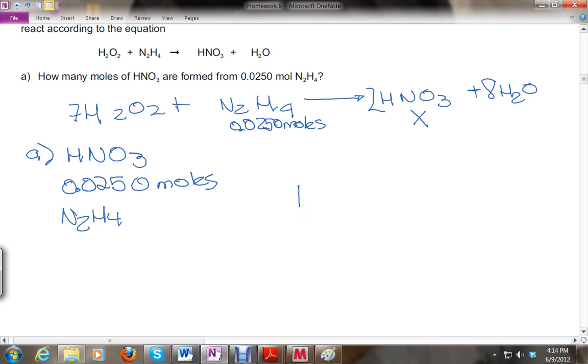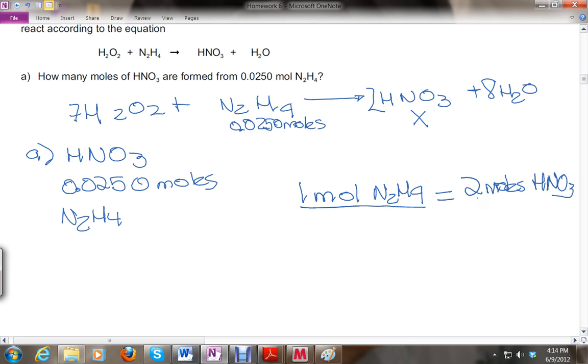So again, you have here the recipe. So you write that one mole of hydrazine gives you 2 moles of HNO3. You really got 0.0250 moles.